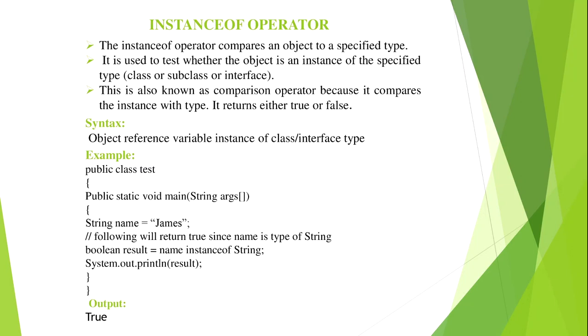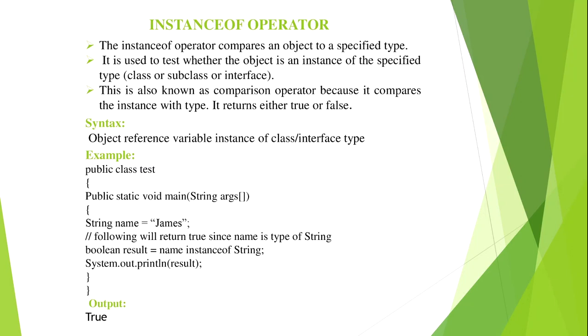The instanceof operator just compares the object to a specified type. It is used to test whether the object is an instance of the specified type. Specified type means it checks whether the given object is of the given class, subclass or interface. If the given object is an instance of the specified class, then it returns the value true, otherwise it returns false.